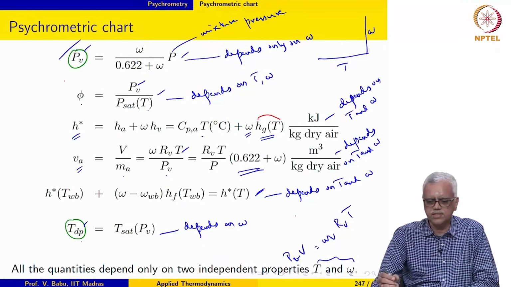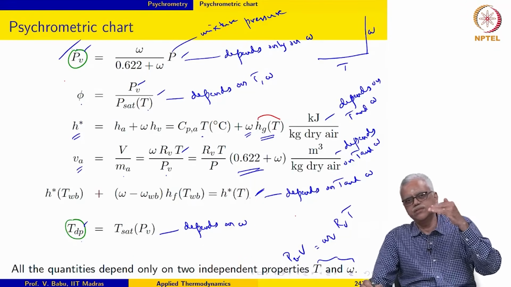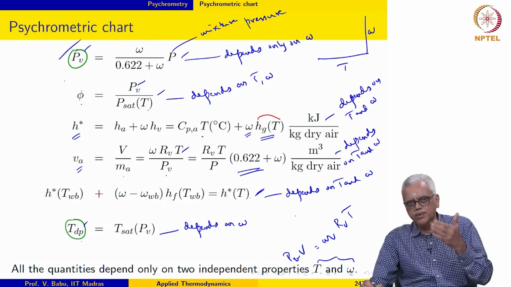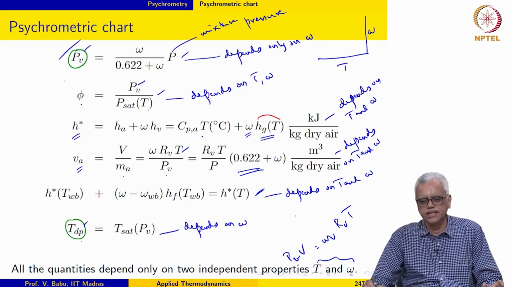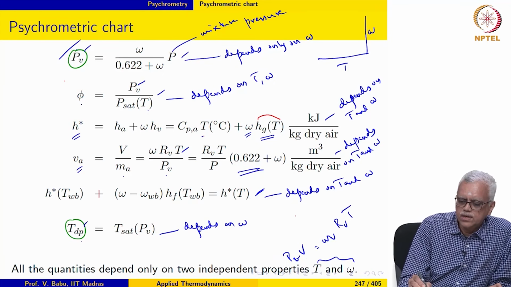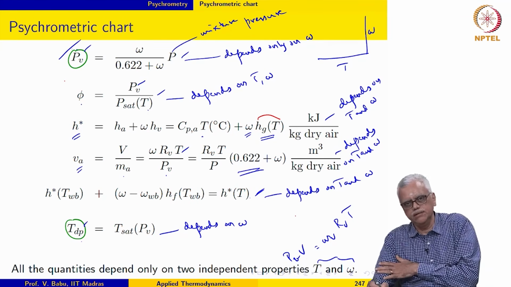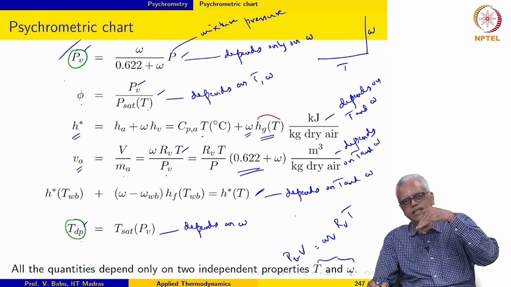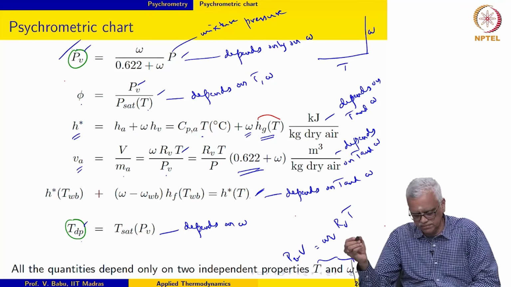So, across the entire range of temperatures that we are seeing, Hg varies by less than 5%, which means that essentially Hg is a constant more or less, which means that all H star equal to constant lines will depend linearly on T and omega, which means the H star equal to constant line is a line with a negative slope, meaning a straight line in the second quadrant.